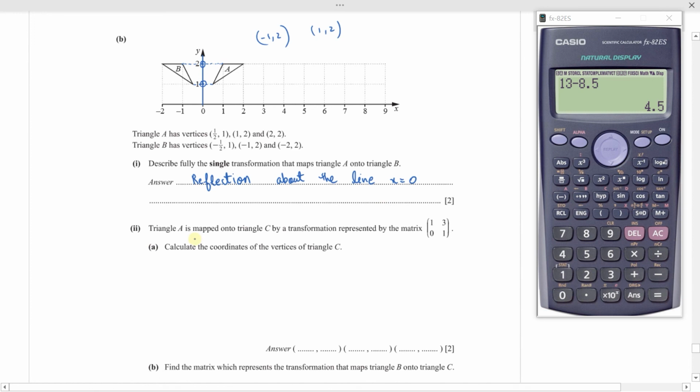The next part is: triangle A is mapped onto triangle C by a transformation represented by this matrix.